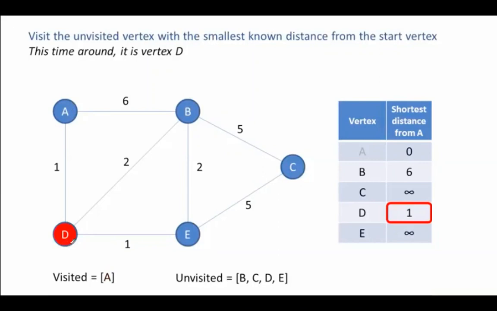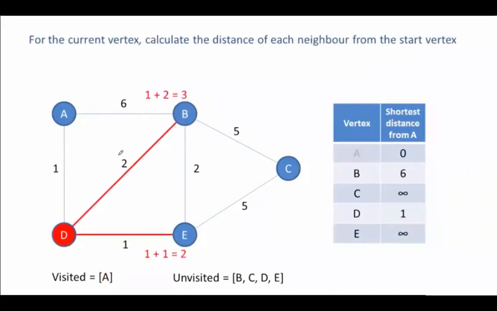From A we have come to D, and now we check from D: if it goes to B, what is the distance? To reach D we need 1, and D to B is 2, so 1 plus 2. To reach E, it is 1 plus 1. So the distance to E is 2 and the distance to B is 3.